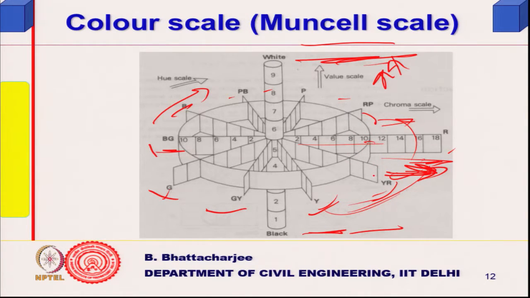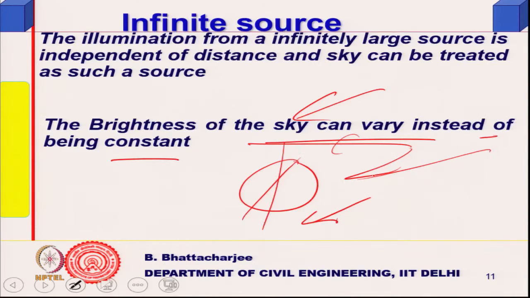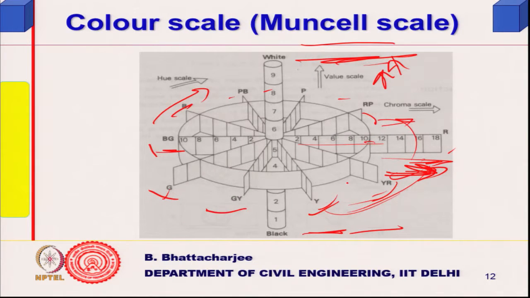Hue is 5 R, which is somewhere there. Chroma is 10, so the brightness is somewhere here actually. And value was 4 by 10, so 4 is somewhere there. So, reflectivity is not very high.